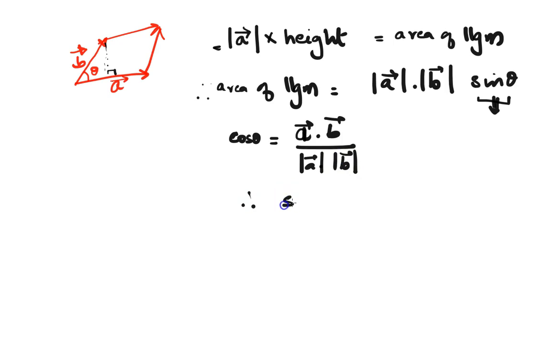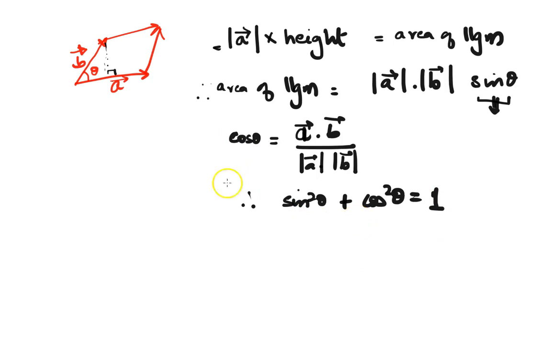And then use a simple trigonometric formula, which is sine square theta plus cos square theta equals 1. However, this seems a bit complex and needs a lot of computation. Can there be a simpler way to answer this question?